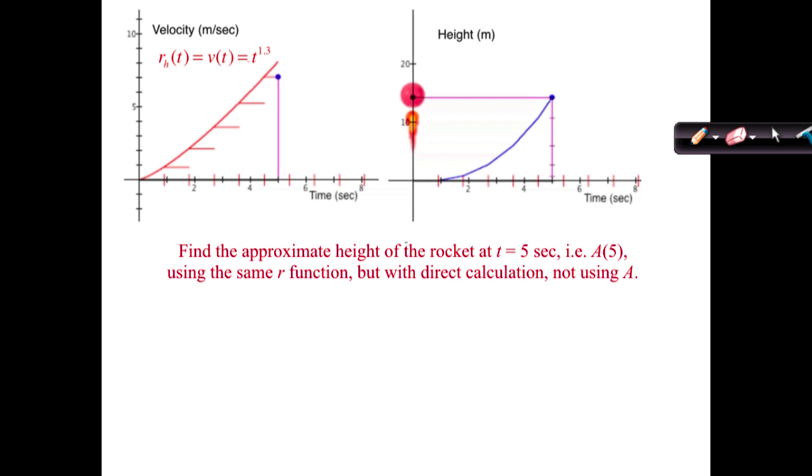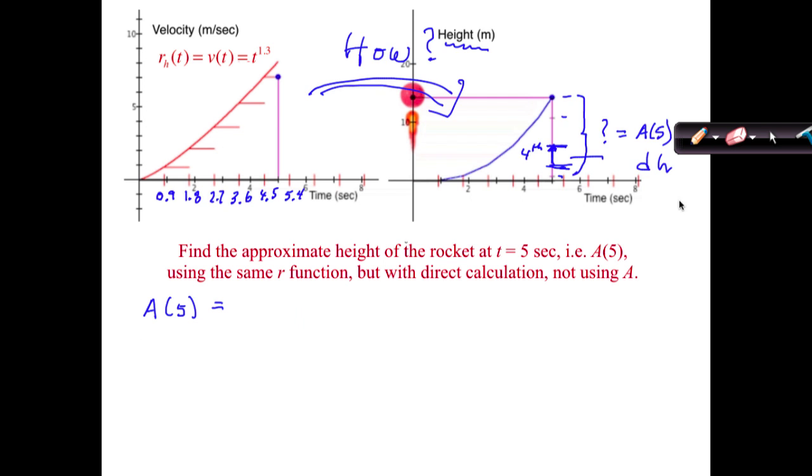And what would that entail? So now I just want to come up with A of 5 manually, without the function, knowing what's going on here, knowing that I had this exact rate function of t, which actually is t to the 1.3, and we created this constant rate function by taking the actual speed at the beginning of every interval.